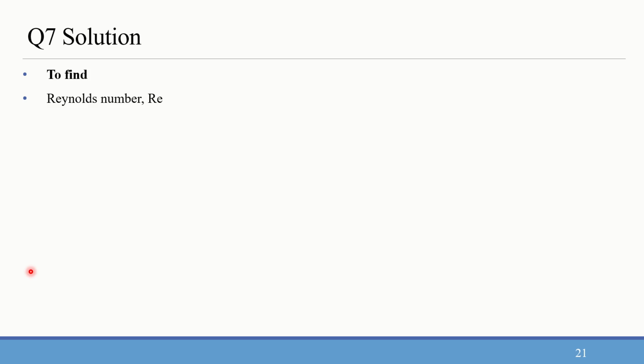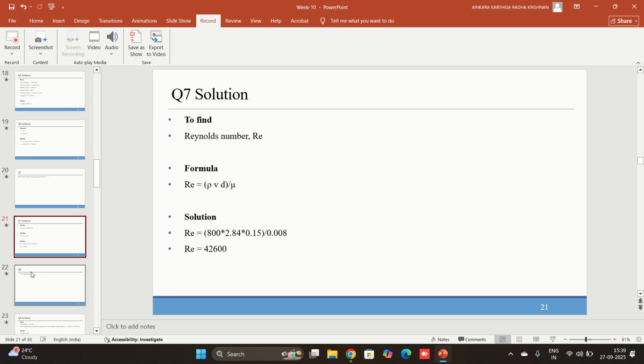So to find Reynolds number Re, the formula is rho V d by mu. The solution is direct substitution. Reynolds number is equal to 800 into 2.84 into 0.15 divided by mu, that is 0.008.